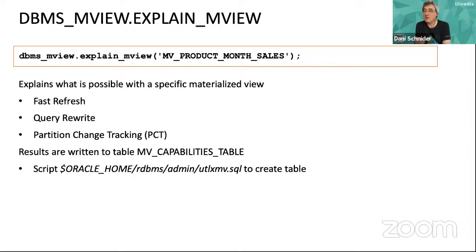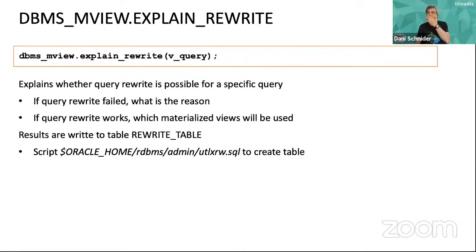So that's not only query rewrite, there is also fast refresh and so-called partition change tracking if we have partitioning in place. And then here we can see at least whether a query rewrite would work in general or what we have to do if it doesn't work. The result of this procedure is written to a table, MV capabilities table, which we can create with a script at the beginning.